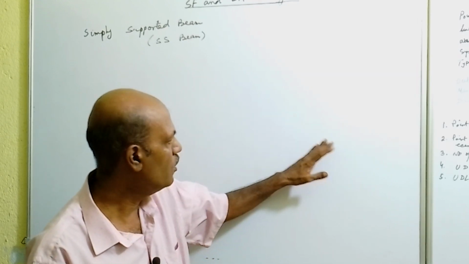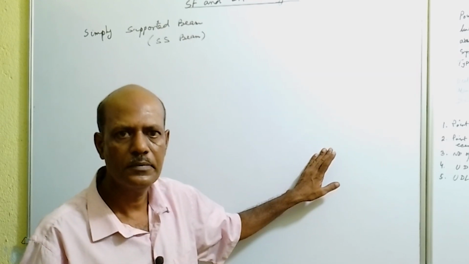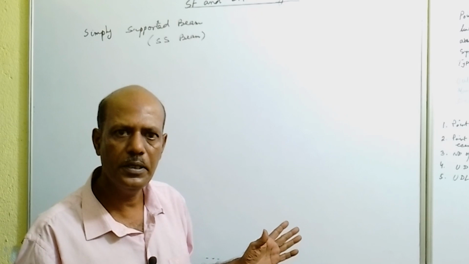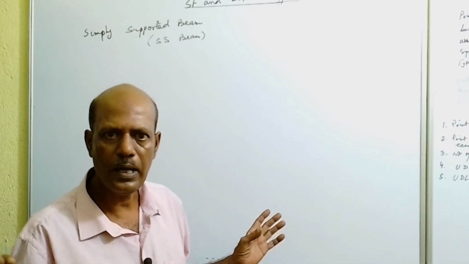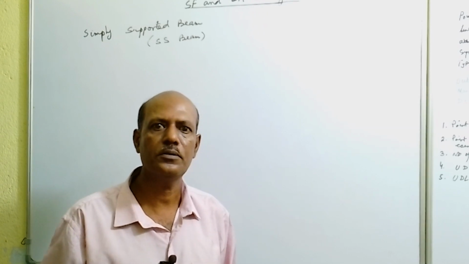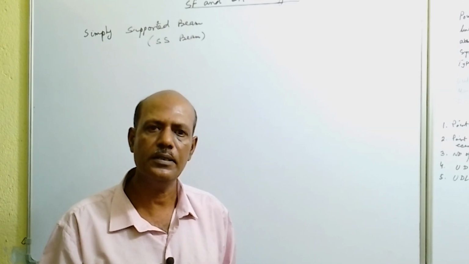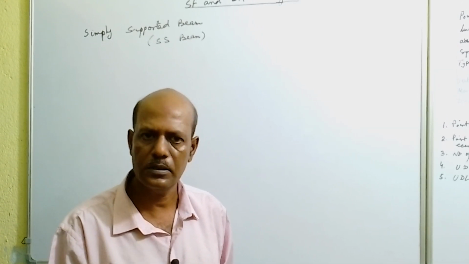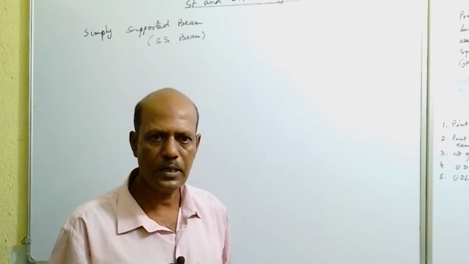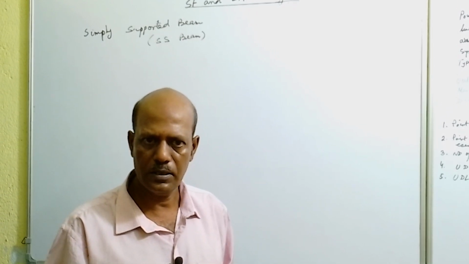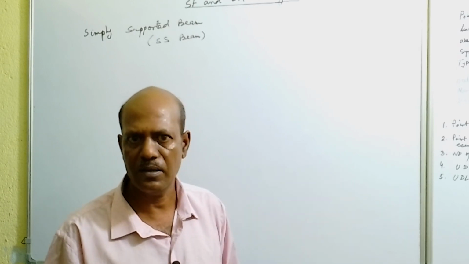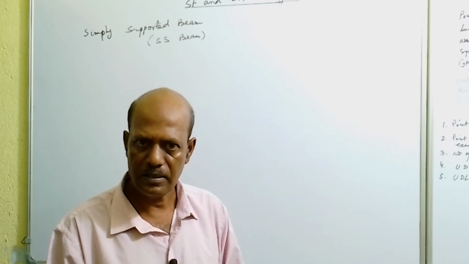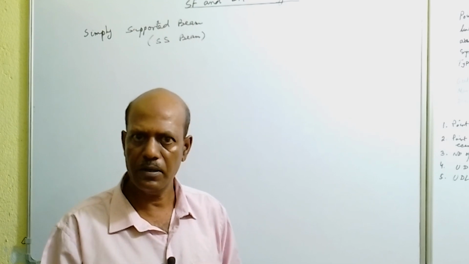Now for solving the problem, for any kind of load acting over the beam, first we have to calculate the support reactions. For cantilever beam it is not always necessary, because we are moving from the free end, so no need to calculate the support reactions, that may be support moment or support reactions.